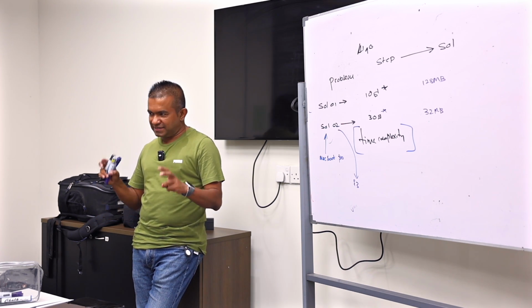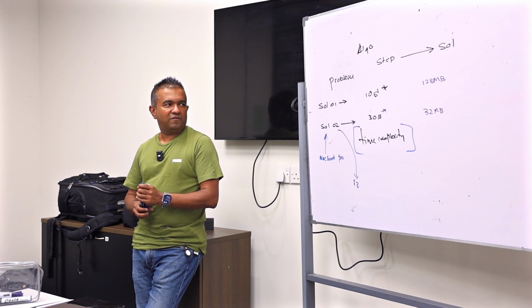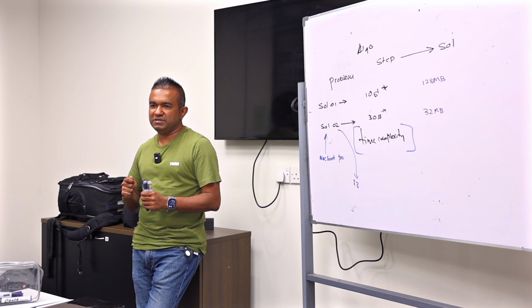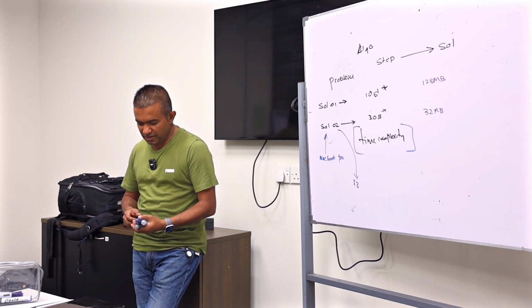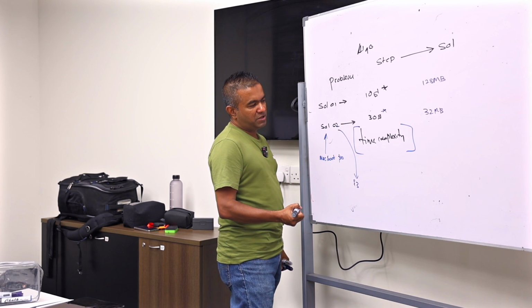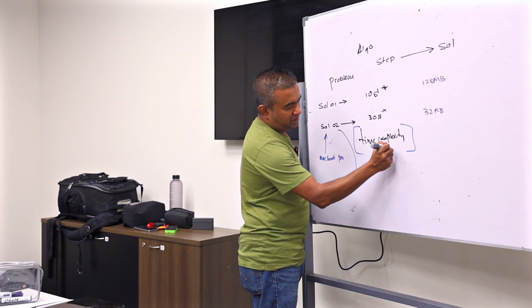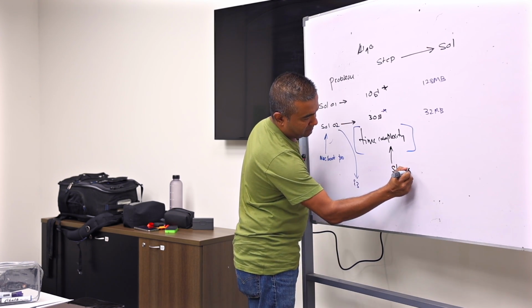So, clock seconds are not a valid measurement to judge whether something is fast or slow, because it depends on the hardware. So what we usually do is measure with the number of, for now let us say steps, right?